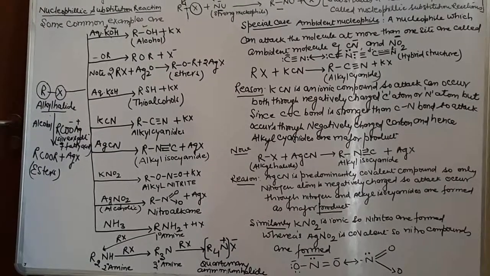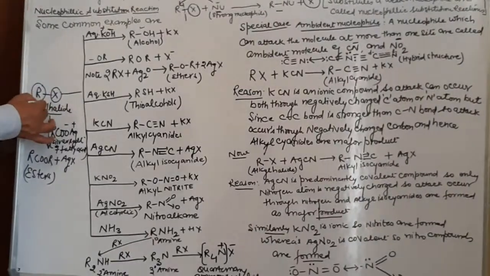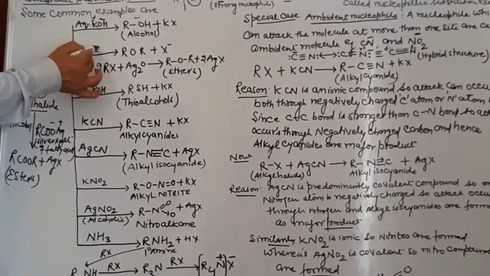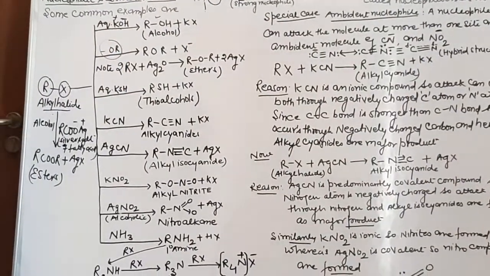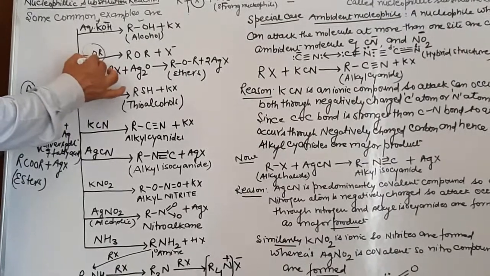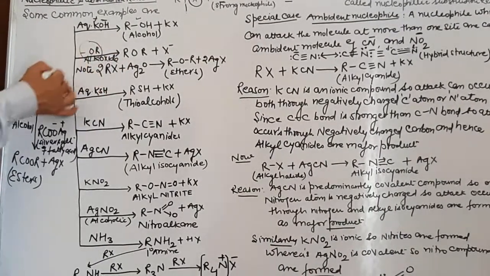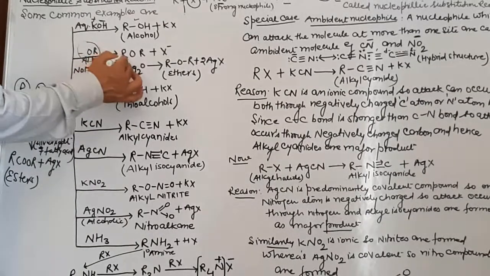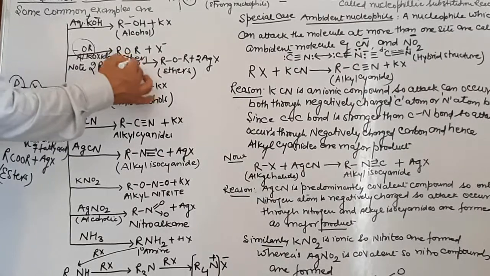The mechanism is the nucleophilic substitution reaction mechanism. Now this alkyl halide, when made to react with alkoxide ion over here, just see over here, what is this? Alkoxide ion over here. So when it reacts with alkoxide ion, what will happen? X negative will be replaced by OR and it will result in the formation of an ether molecule.